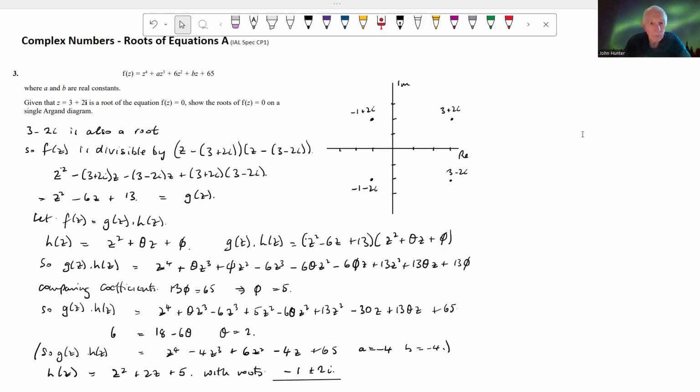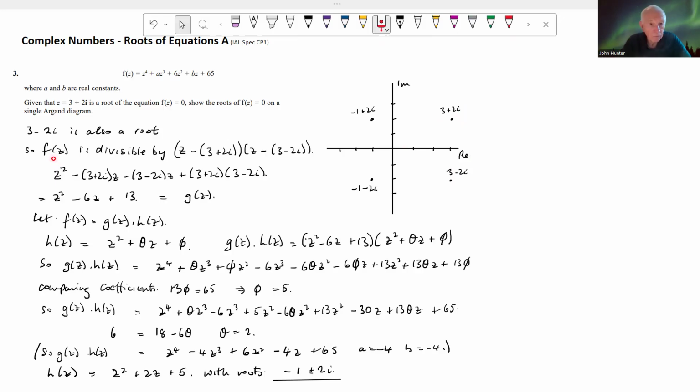The key point here is that if 3 plus 2i is a root, then so is 3 minus 2i. The complex roots always occur in conjugate pairs. So 3 plus 2i and 3 minus 2i are conjugates, and if we look at them on the Argand diagram here, we can see they are mirror images of each other across the real number line.